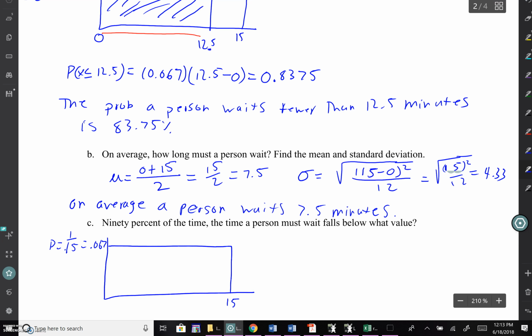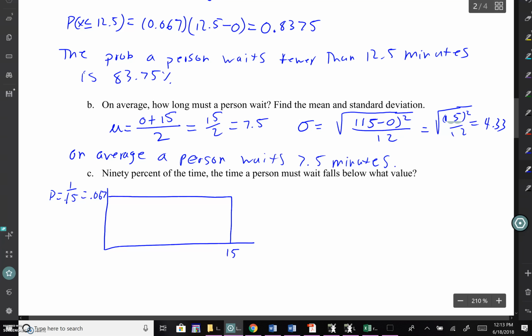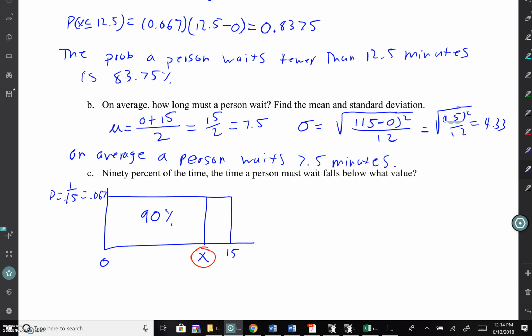Finding the area of that rectangle, right? So they just told me 90% of the time people have to wait fewer than what amount of time? That means they told me the area of this rectangle. What they didn't tell me is this X amount down here at the bottom. That's what they want to know about. They want to know what number is the time limit that people are waiting less than 90% of the time. Less than that amount 90% of the time.